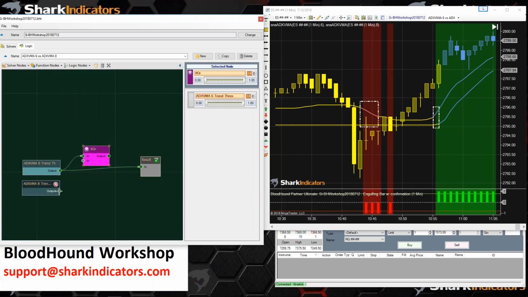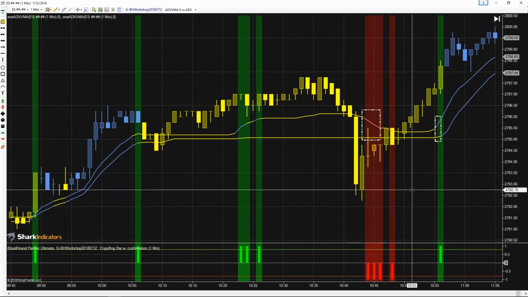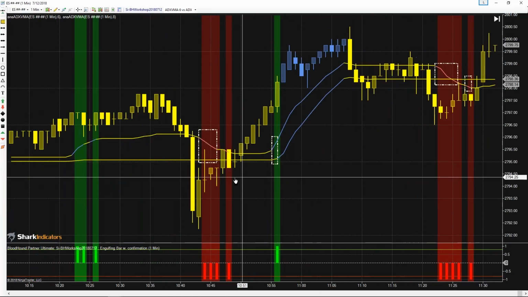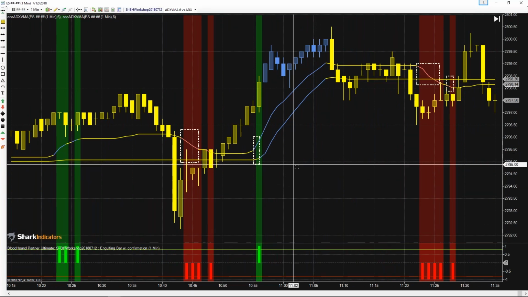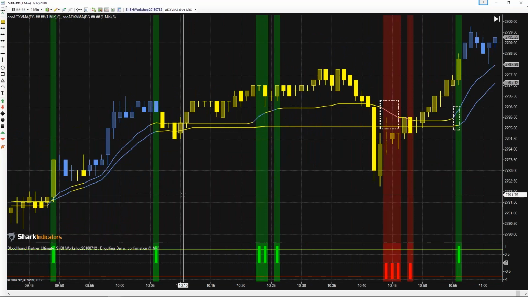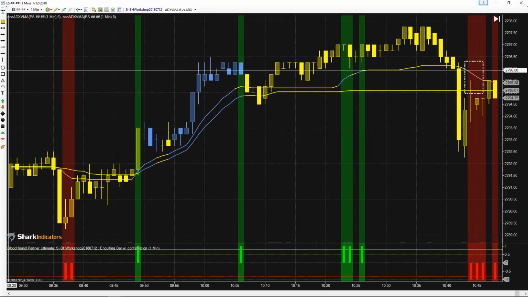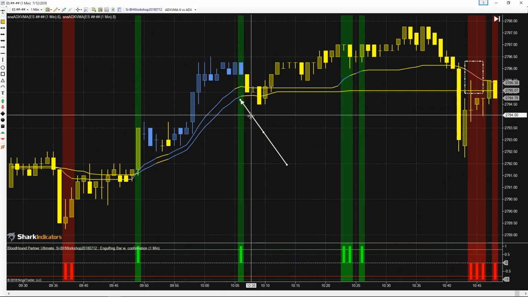All right, so now I think all we need is the XOR. And let's see what we have. Yeah, I think that's it. So we can see here, let's take a look at some of this.